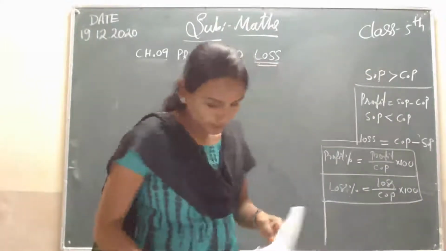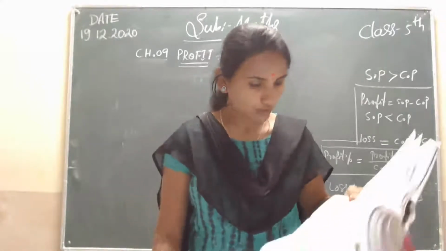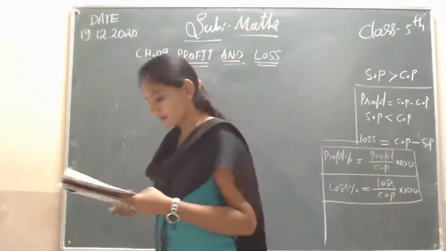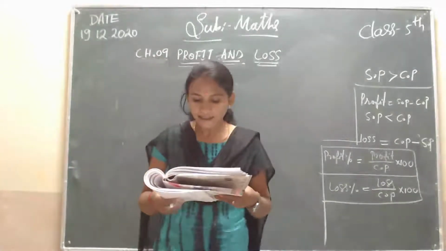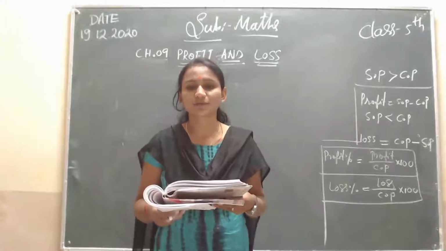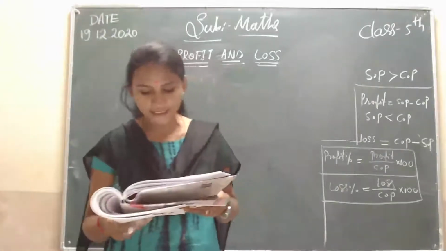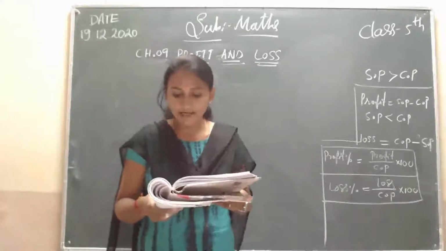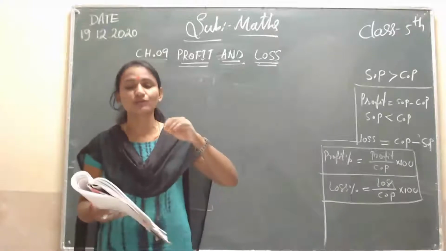Next question. So what is the next question? Abram brought a music system. What is the cost for that music system? That is 6,375 rupees, and he spent 75 rupees, because to transfer the things from one place to another.